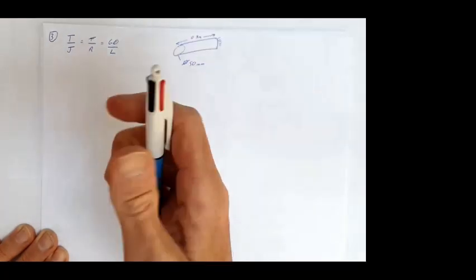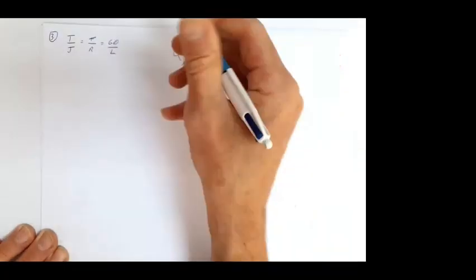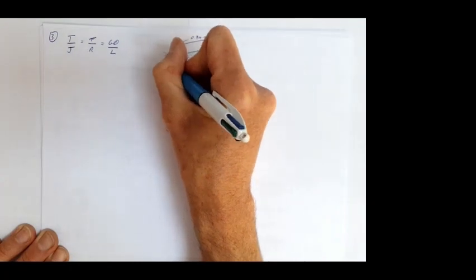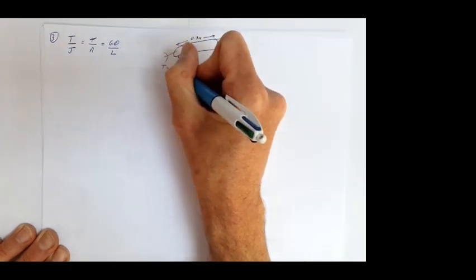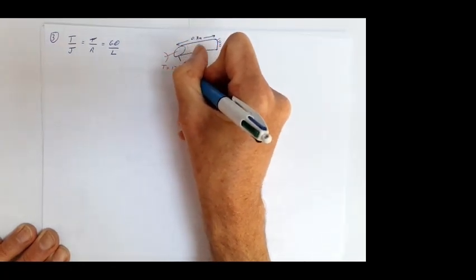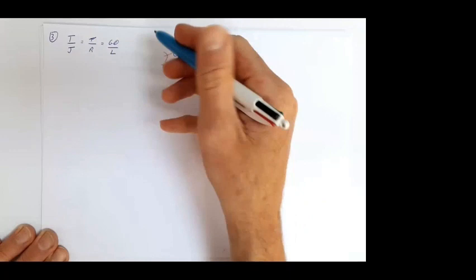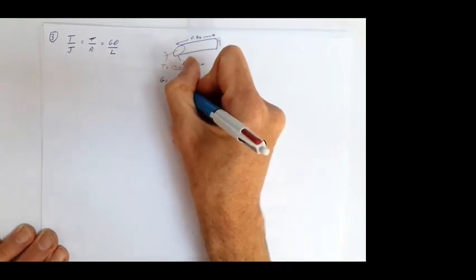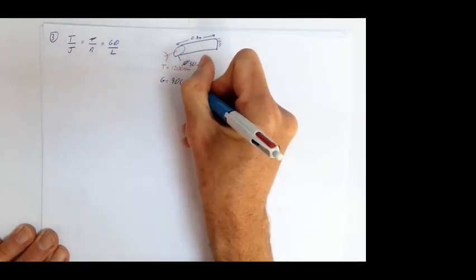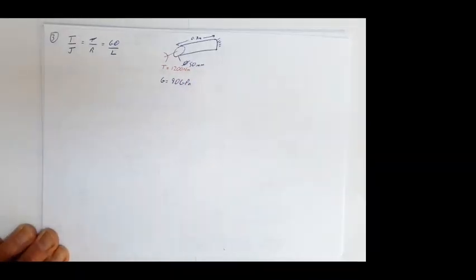Subjected to a torque of 1,200 Newton meters, so my torque equals 1,200 Newton meters, and the G value, shear stiffness, G is 90 gigapascals.